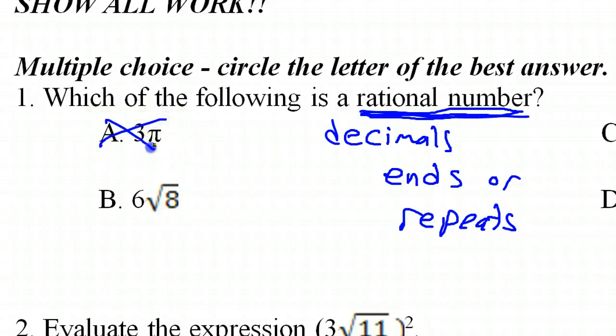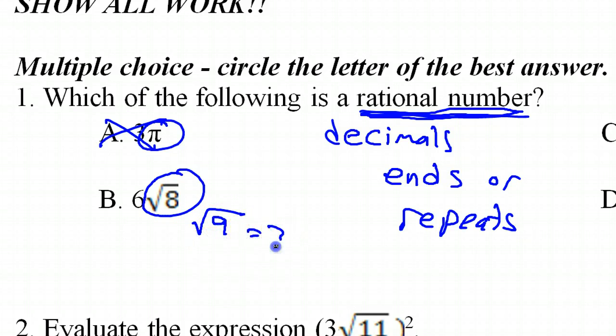So it's not going to be A because of pi. Pi does not end and it does not repeat. So that's irrational. This one, 6 radical 8. Focus on the radical 8 part. This is irrational. If it was going to be rational, this would have needed to be a perfect square, like square root of 9, because that's just 3, or a square root of 25, because that's just 5.